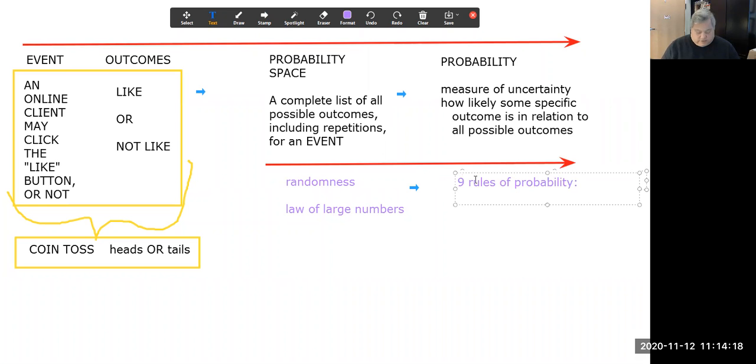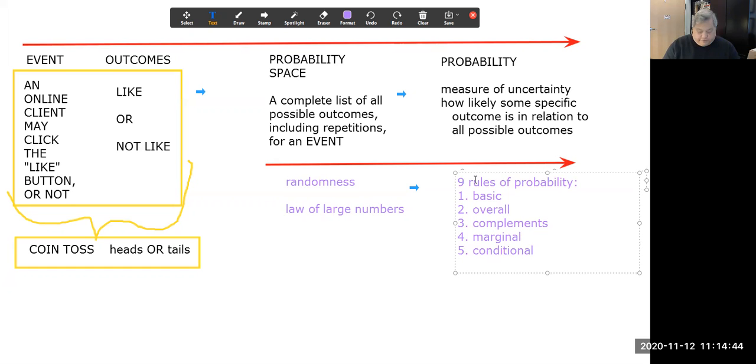And the 9 rules are, the first one is called the basic rule. The second one is called the overall rule. The third one is called the rule of complements. The fourth one is called the marginal rule. The fifth one is called the conditional rule.